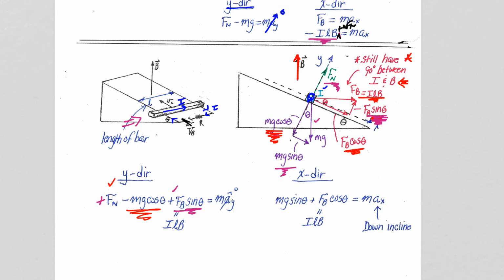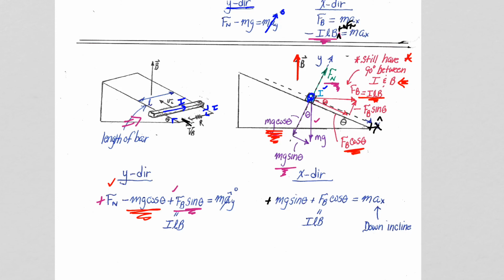Now in the x direction, we have sum of the forces in the x direction equals mass times acceleration. We have mg sine theta down the incline. So let me erase some of this. My positive x direction is down the incline in this case, my rotated coordinate system. So I have plus mg sine theta down the incline.